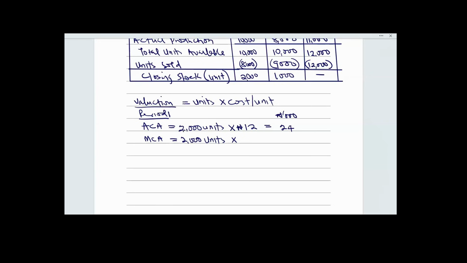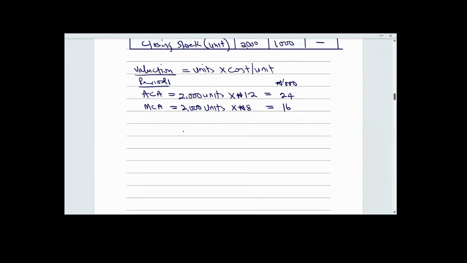If total cost, that is standard cost, is 12 naira per unit, and fixed overhead absorption rate is 4 naira, so 12 minus 4 will give us variable cost of 8 naira. So here we multiply by 8. 8 multiplied by 2,000 will give us 16,000 naira. So we are done with period 1.